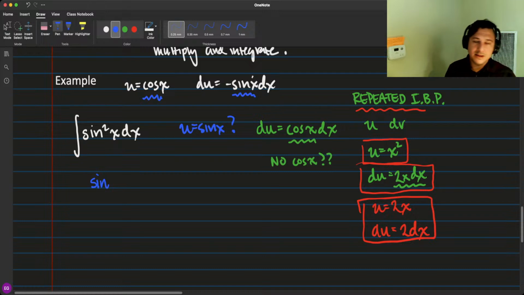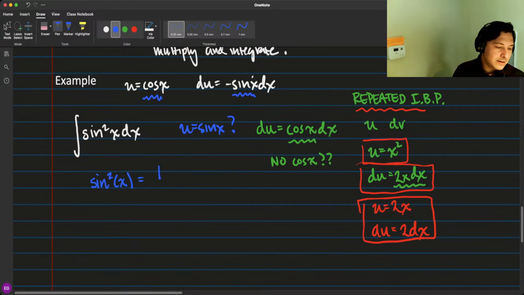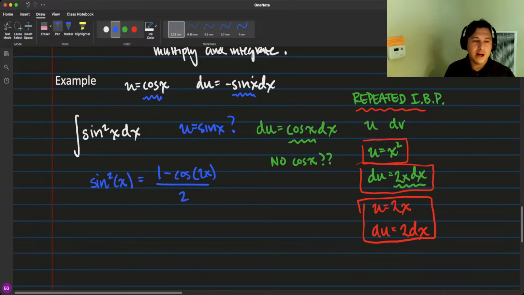So do you remember the power reduction identities? Sine squared is equal to 1 minus cosine 2x over 2. Do you remember that? It's called the power reduction identity.